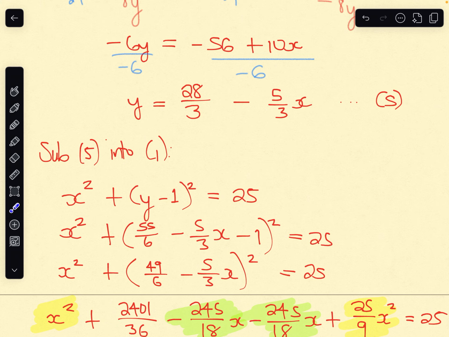So instead of 55 over 6 here, we have 28 over 3. So we replace the y with 28 over 3 minus 5 over 3x. 28 over 3 minus 1, which would just be 3 over 3, so that would be 28 over 3 minus 3 over 3, which is 25 over 3.